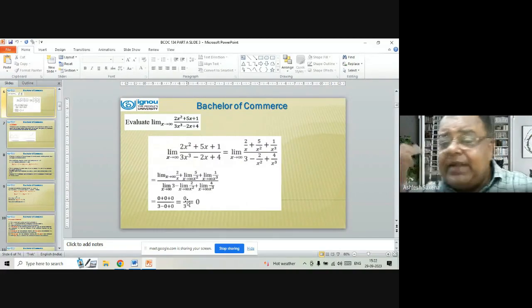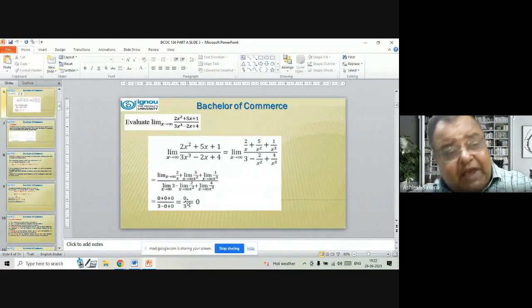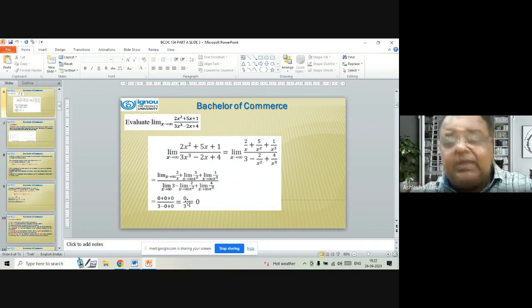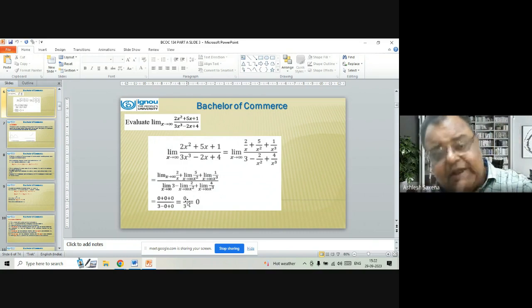So we will be replacing all the elements where we have either 1 by x, 1 by x squared, 1 by x cubed by 0. We will be left with the number 3. And 0 divided by 3 is 0. So this is the method of how a problem related to x tends to infinity is solved.